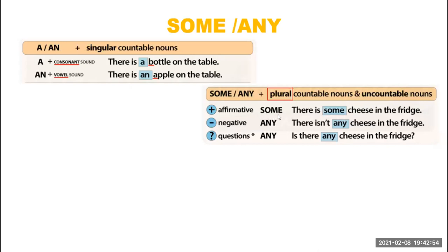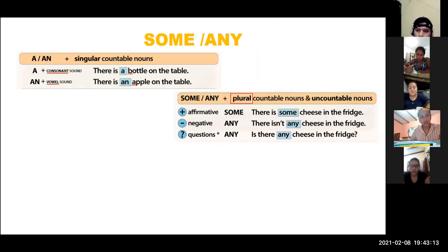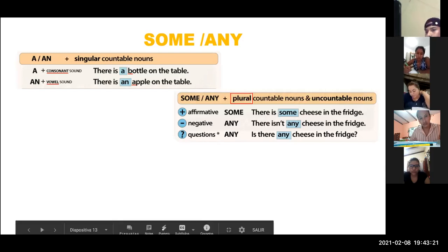Tell me a sentence, please. An affirmative sentence with some and a plural countable noun. Give me an example. Claudia, tell me please. Excuse me, teacher.